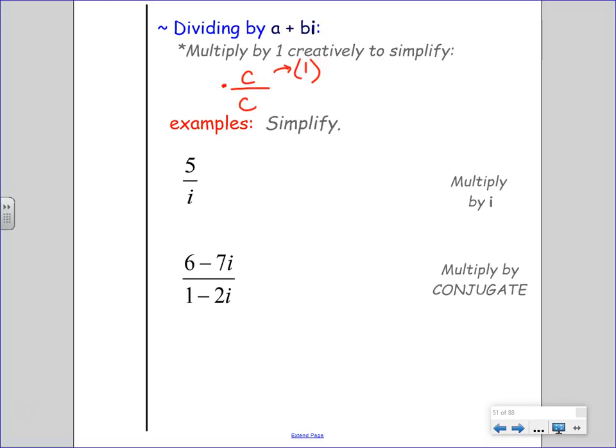Where do we multiply by 2 over 2 and 3 over 3? Why is that legal? It's just 1, and anything times 1 is itself, so it doesn't change the value. So I multiply by 1 creatively, like 2 over 2 or 3 over 3, to get it to be a form that I need.